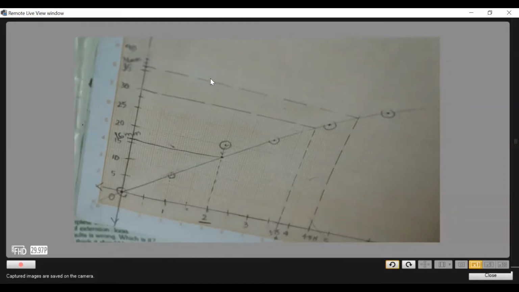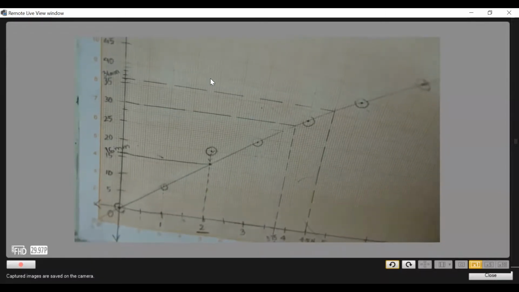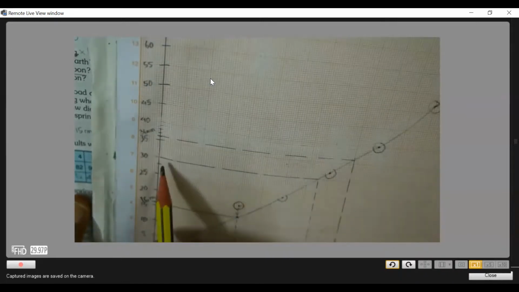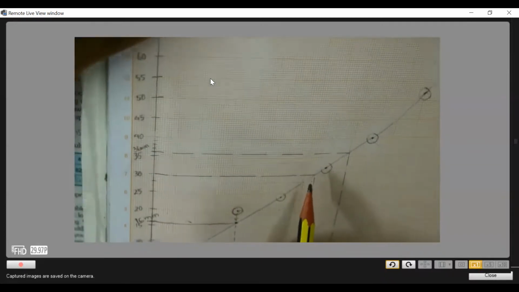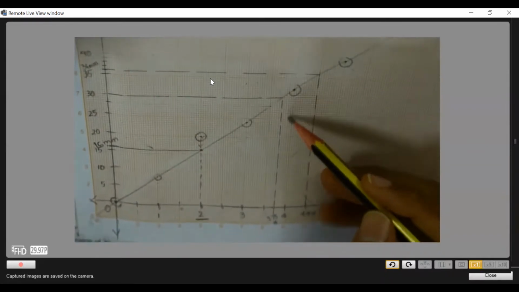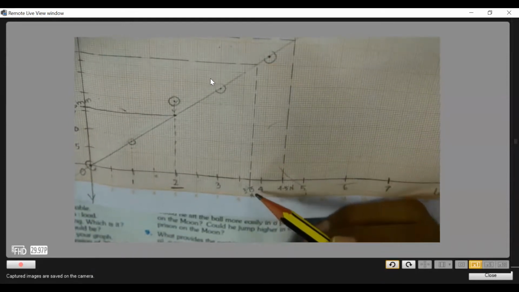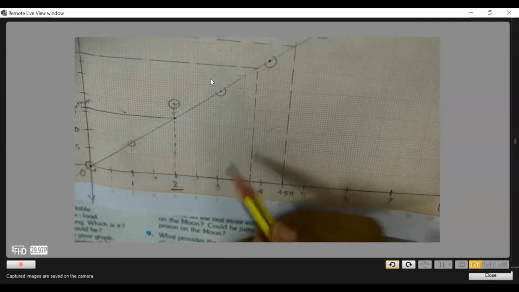What load gives an extension of 30 millimeters? So 30 is here. I draw a line and find out the corresponding value on the x-axis. When I count, it is 3.75 newtons. 3 is here, 4 is here.